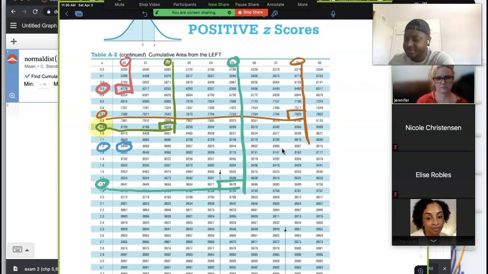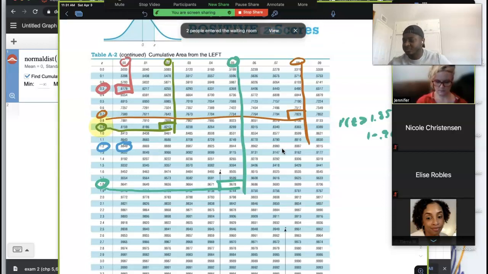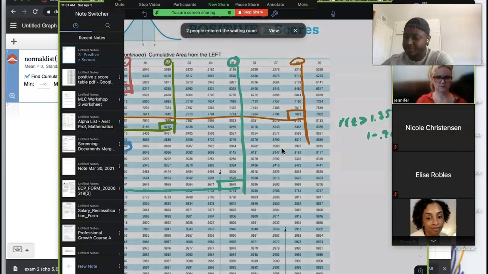So it's 0.9678. So the probability that Z is greater than 1.85 is going to be 1 minus 0.9678. And then that would give you the same result that we got. Is everybody okay with that?